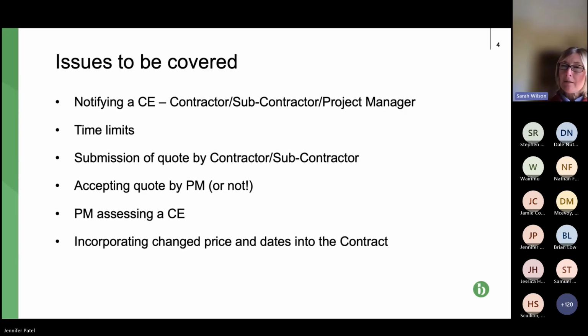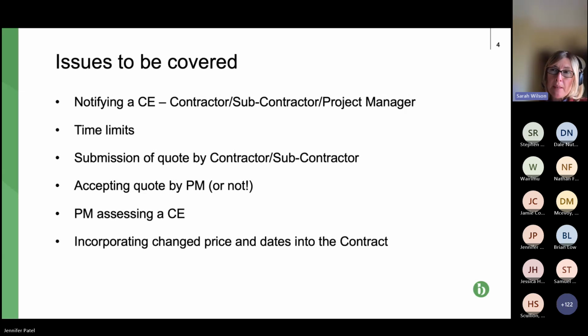So in JCT, you've got 3 different sections of the contract. Under NEC, you've just got the one, but don't do as clients have occasionally done and forgotten to include the extension of time element in a quote.